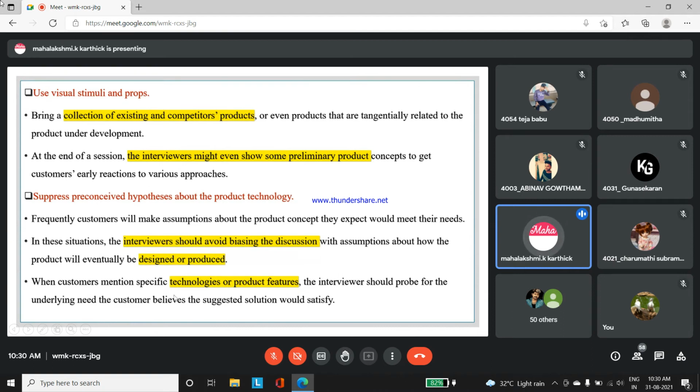When the customer mentions specific technologies or product features, asking whether your product will satisfy this technology, or that they need these features added to your product, the interviewer should examine, with hands-on experience, what has been informed by the customer, for the underlying need the customer believes the suggested solutions would satisfy.